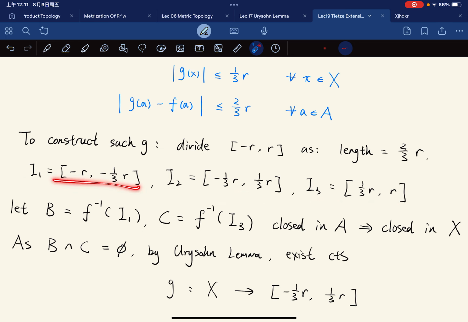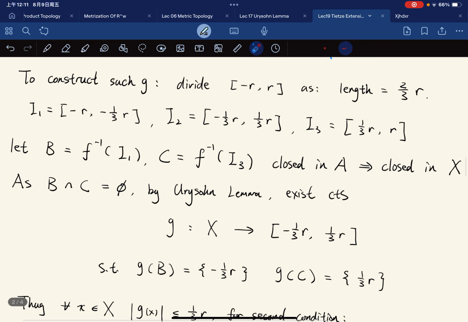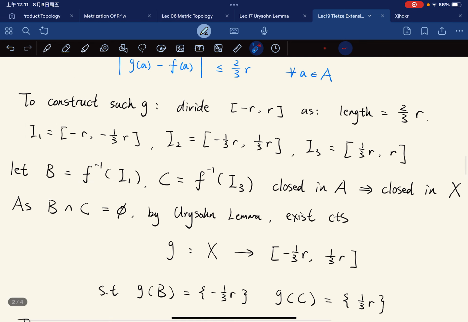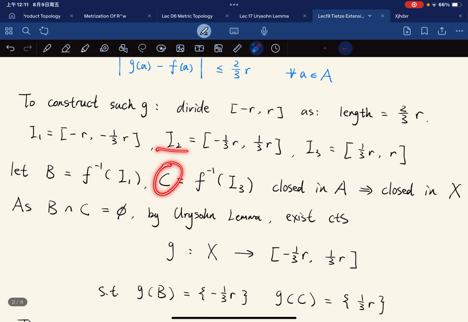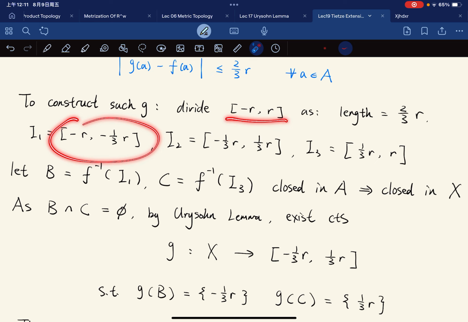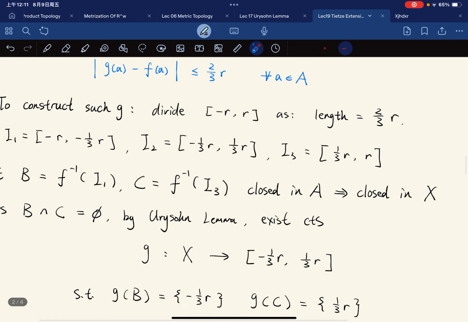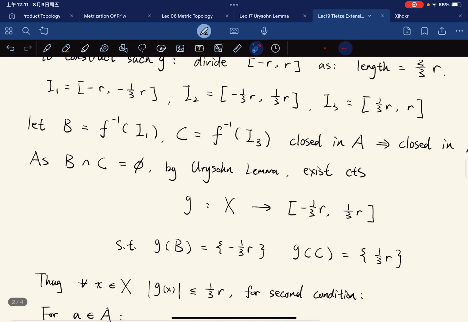We let B be the pre-image under F of I1, and C be the pre-image of I3. They are closed in this space, and F is continuous, which means that B and C are closed in A, but A is closed in X, so they are closed in X.